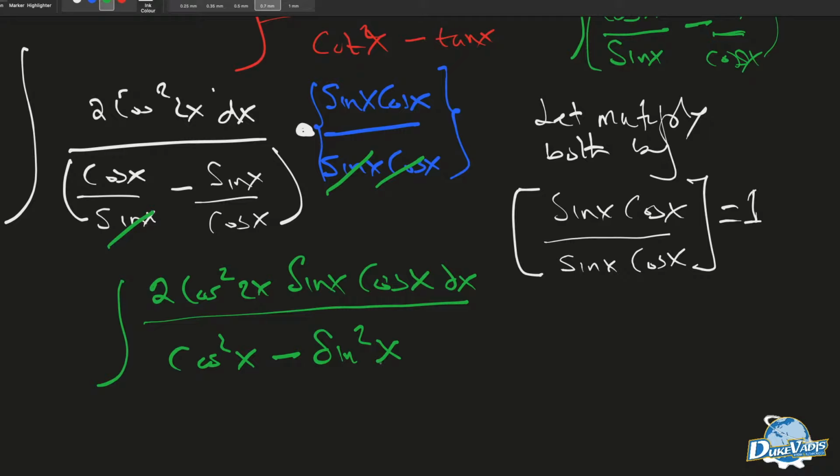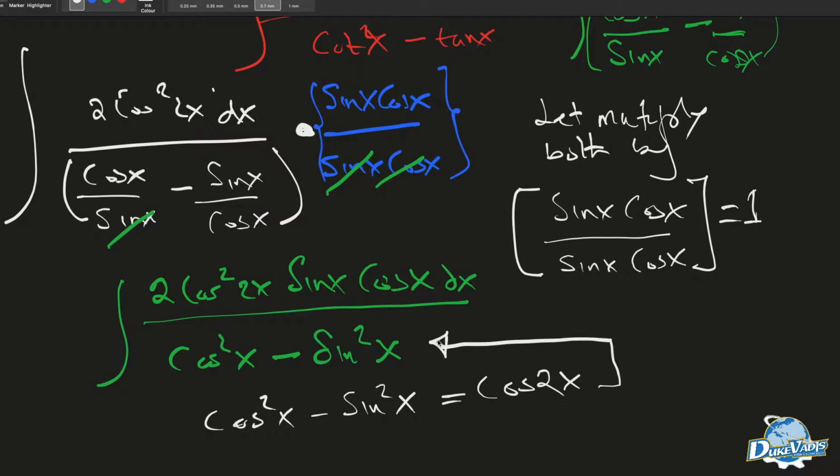If you look at it very carefully, the bottom one is cos 2x, because we know that cos squared x minus sine squared x is cos 2x, as we saw earlier.